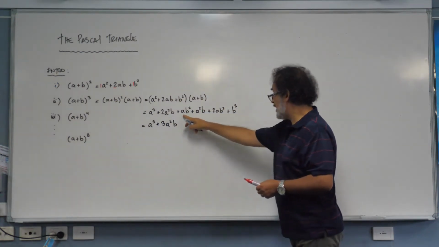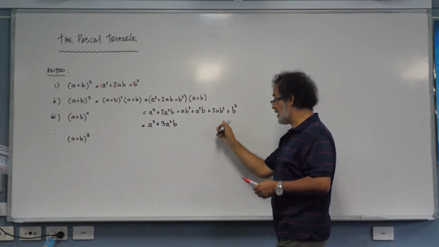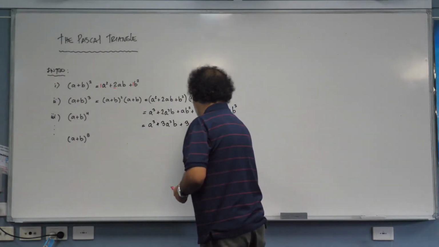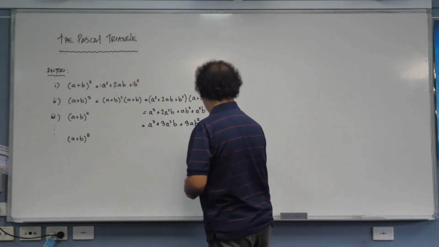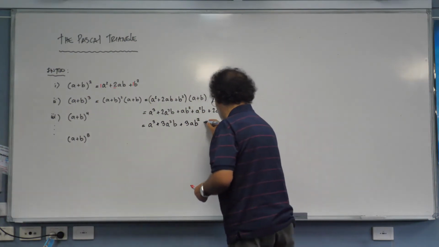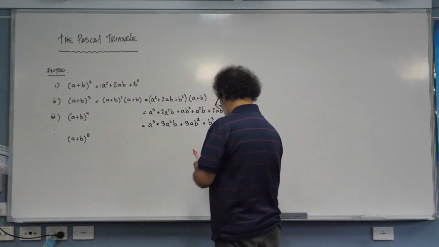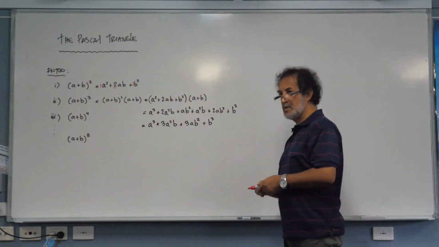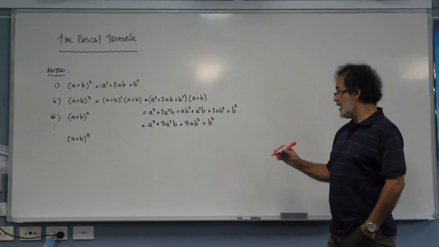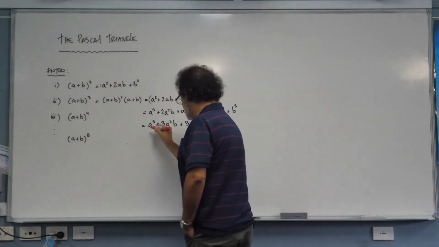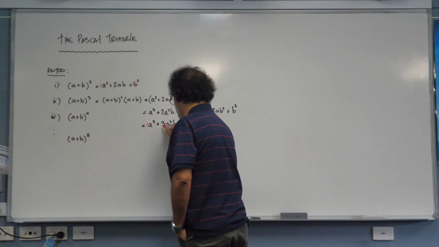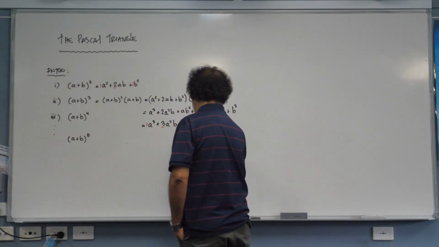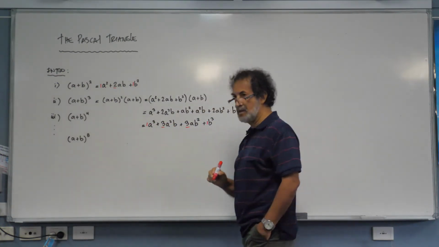And then for ab squared, we have 2 more, so we also have 3ab squared. And finally, we have b cubed. Again, pay attention to the coefficients. So we got 1, 3, 3, and 1.